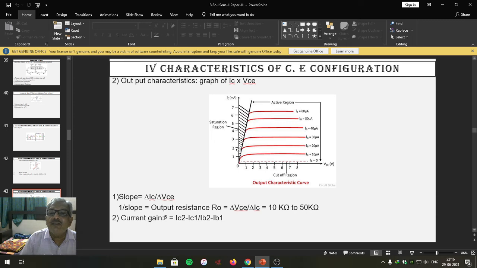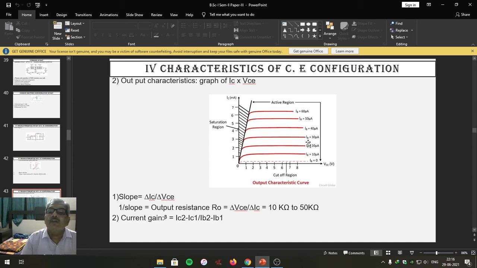This is the graph for base current 20 microampere. This is the graph of IC versus VCE for 30 microampere, and so on. The resulting nature is represented in this particular graph.